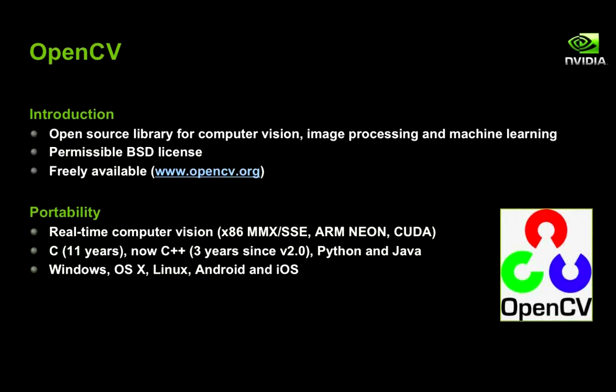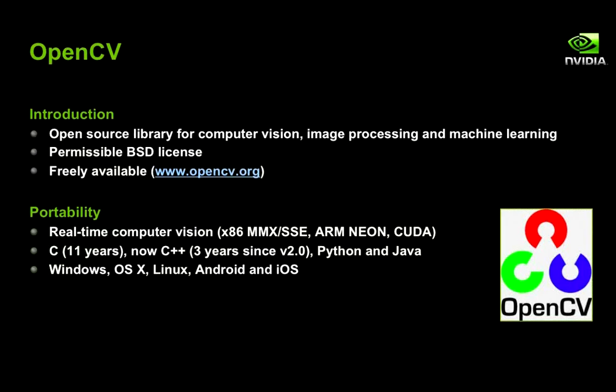And the really cool thing about it is that it's been around for a long time, 14 years now. OpenCV can be compiled for various different platforms, including x86, the ARM CPU, as well as CUDA enabled GPUs.